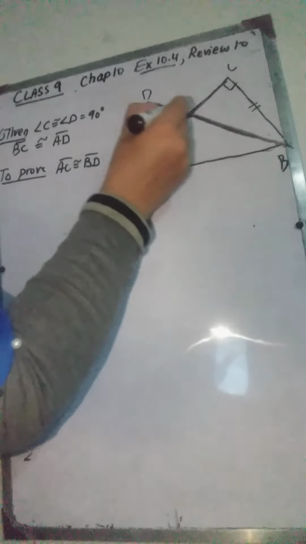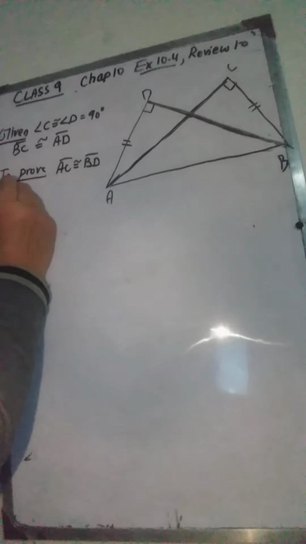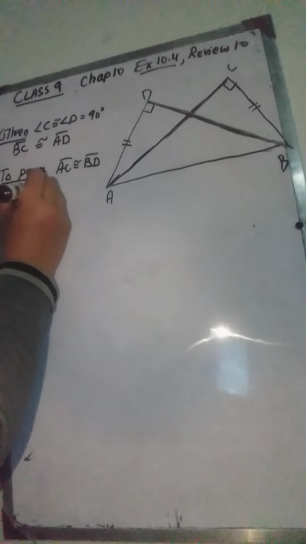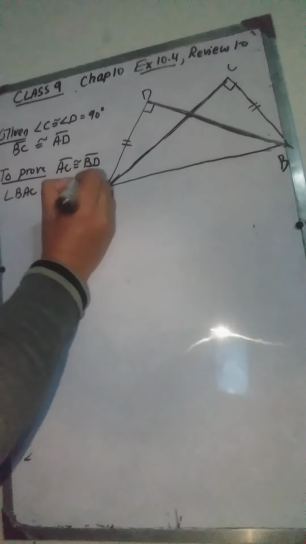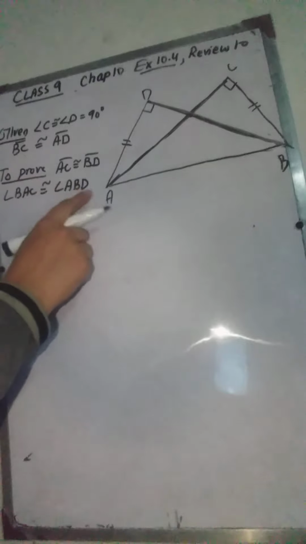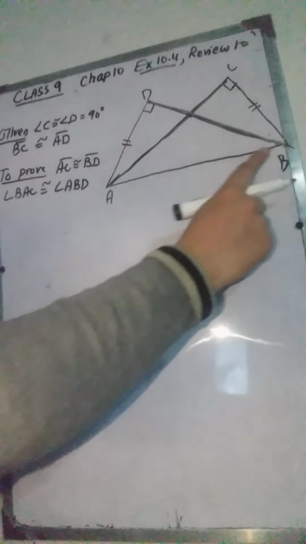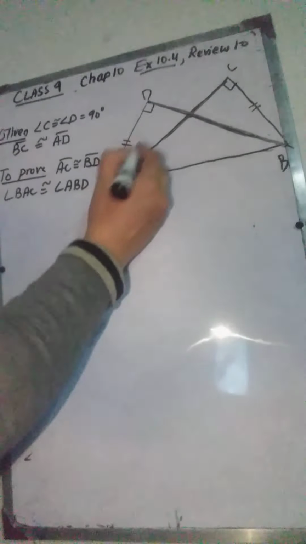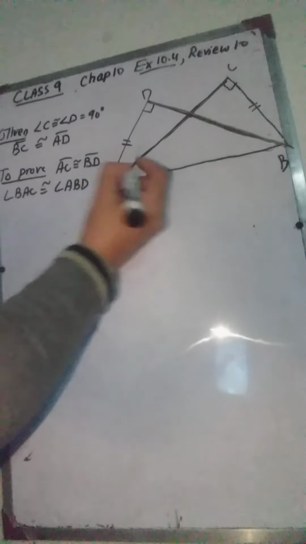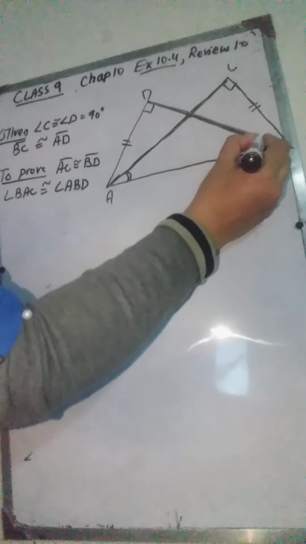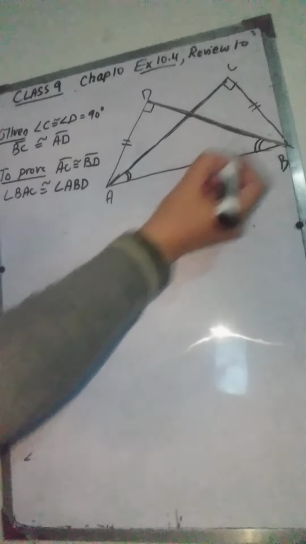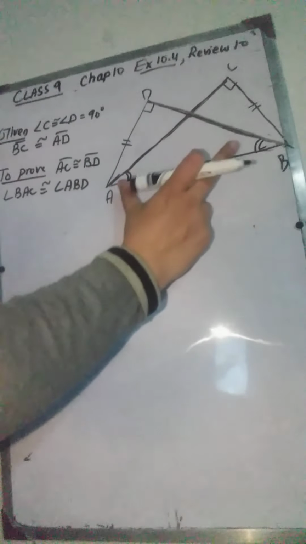We need to prove these two sides to be congruent, and also we need to prove that angle BAC is congruent to angle ABD. Angle BAC, this angle, is congruent to ABD, this angle. We need to prove these two angles to be equal.